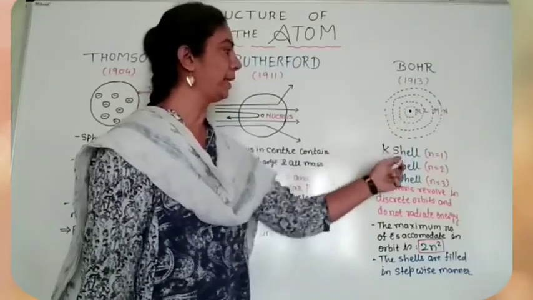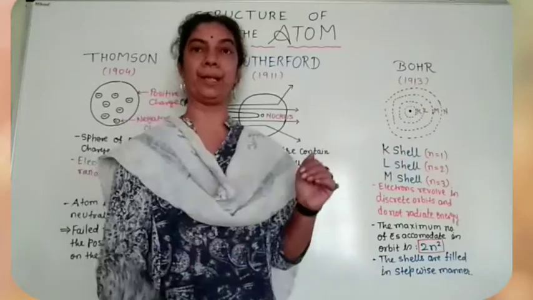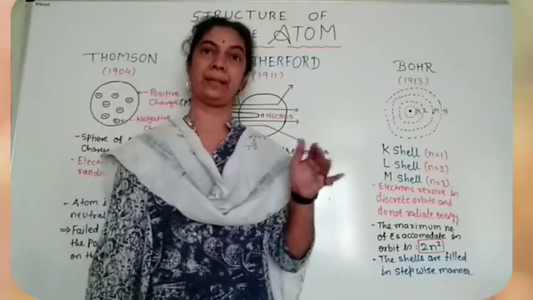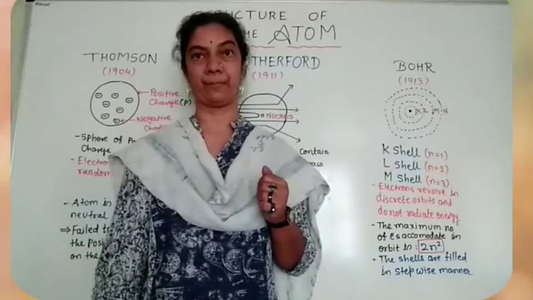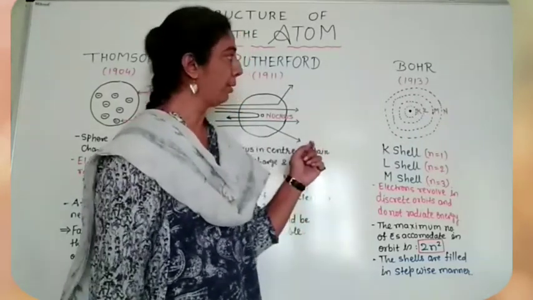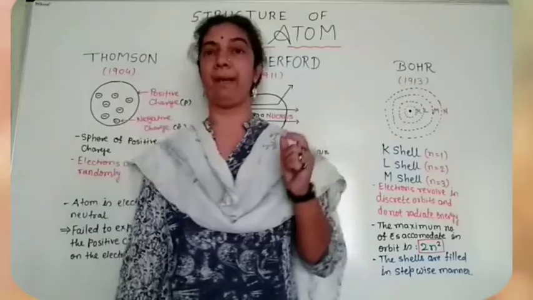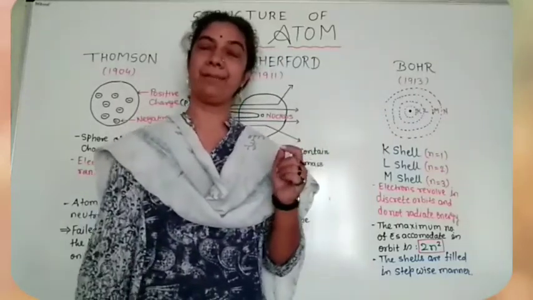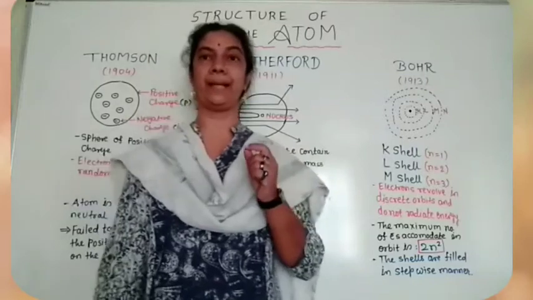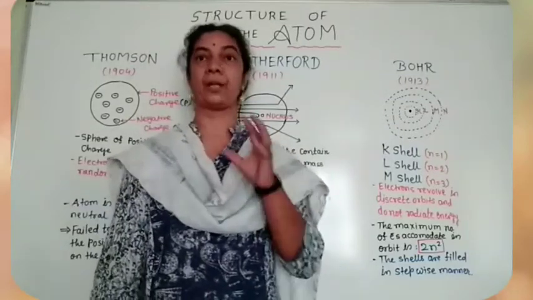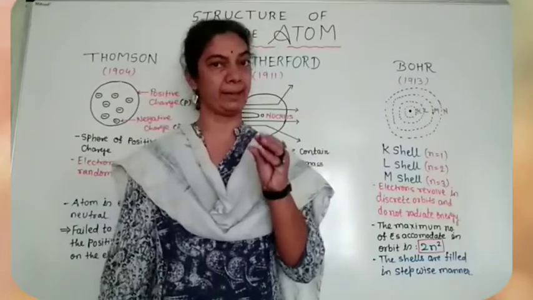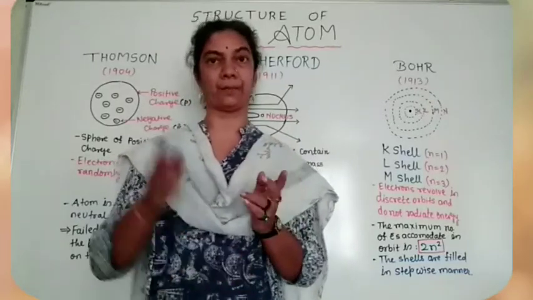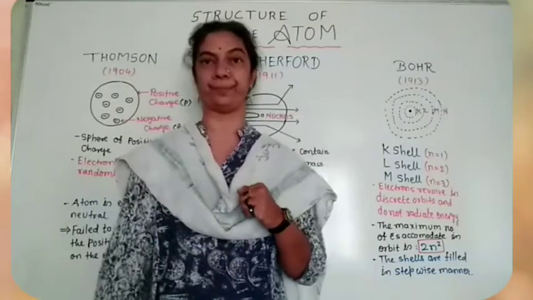The K shell is the nearest to the nucleus, and then it goes on. So Bohr's model gave the structure of the atom like this: all the positive massive charge is at the center, which is the nucleus, as given by Rutherford.